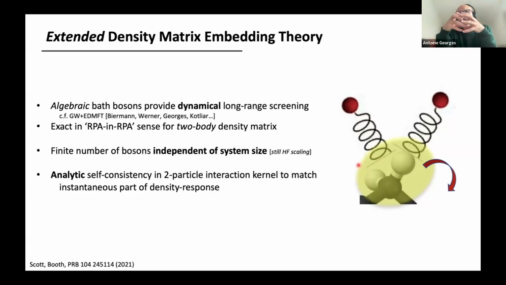Okay, so here your constraint is that if I solve the fragment at the RPA level, I get the same thing as if I do a full RPA calculation from the start, if I understood correctly, right? Yeah, but only the instantaneous part. Only the instantaneous part. Yeah.